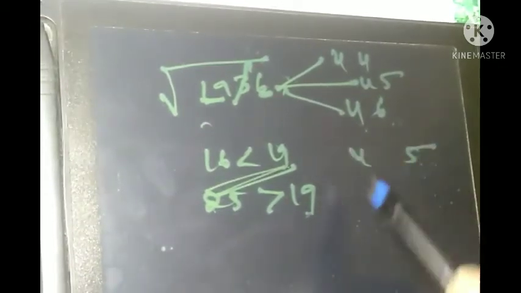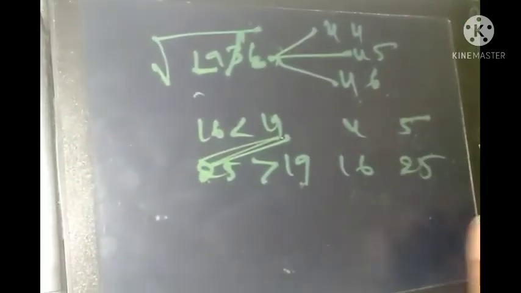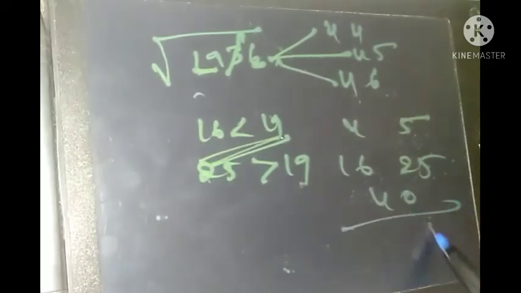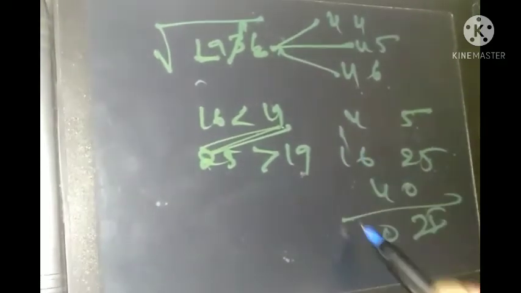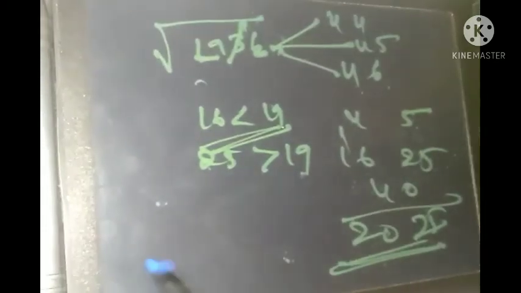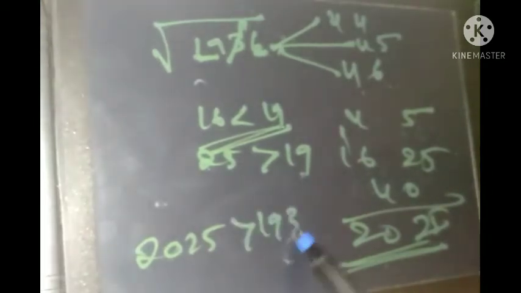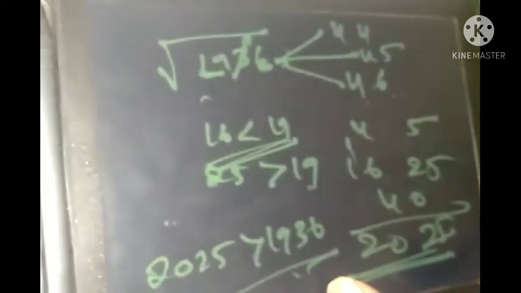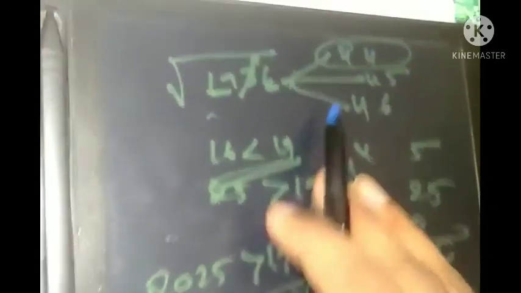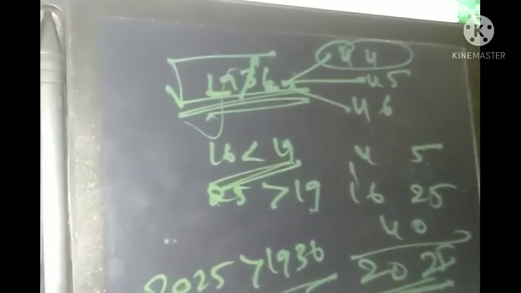What is 45 squared? 4 squared is 16, 25, and 5 fours are 20, 20, 40, 5 twos are 10. 2025 is there. This 2025 is greater than 1936. This is not possible. That means 44 is the square root of 1936.